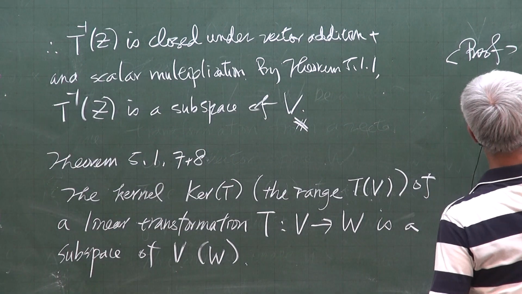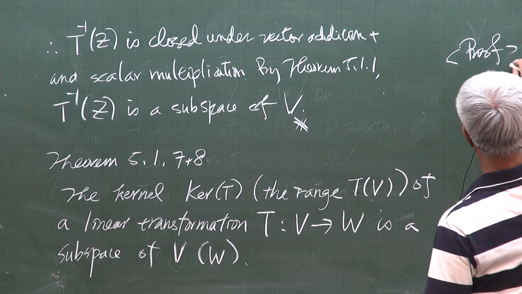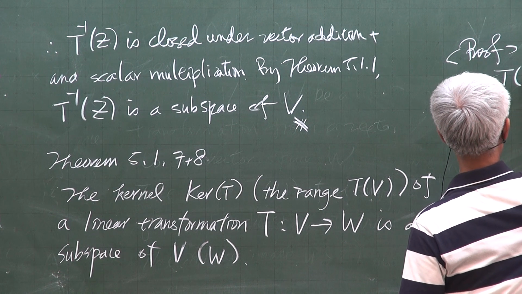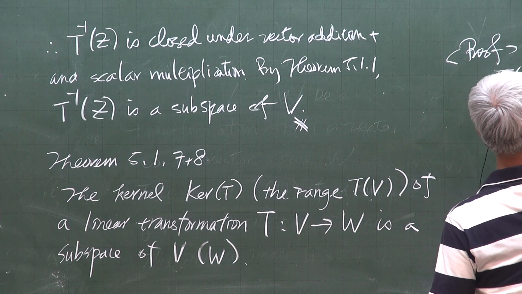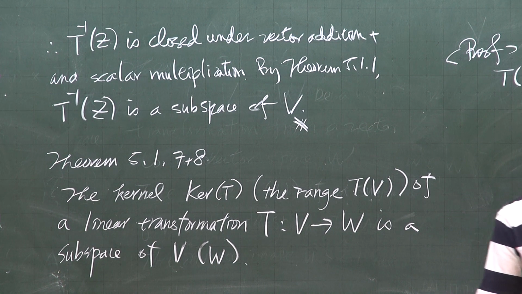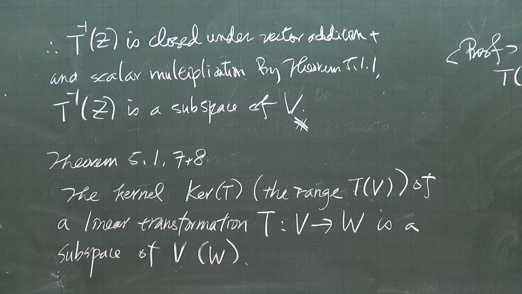We know that TV is the image of V itself. And V is a subspace of V. So TV is the image of a subspace V of V, because V is a subspace of itself.